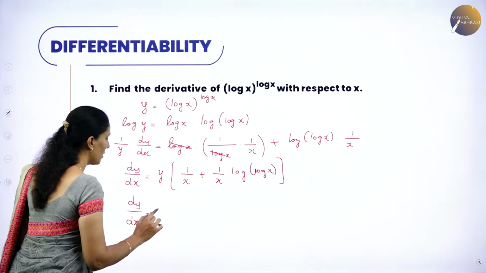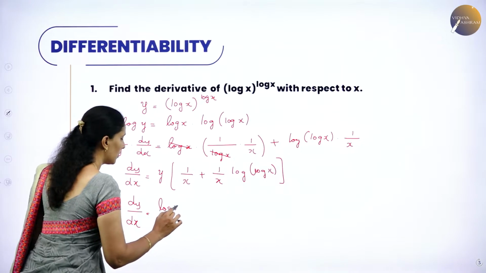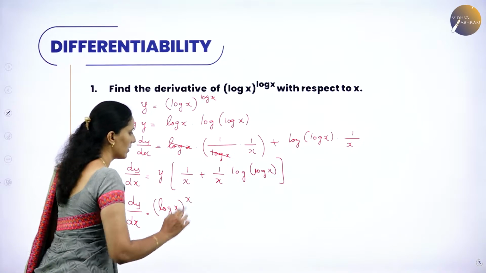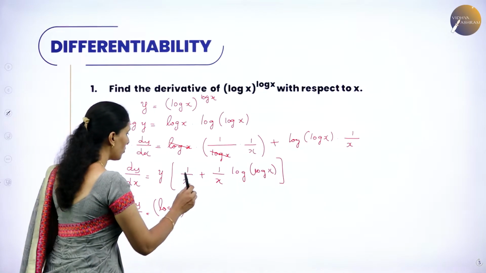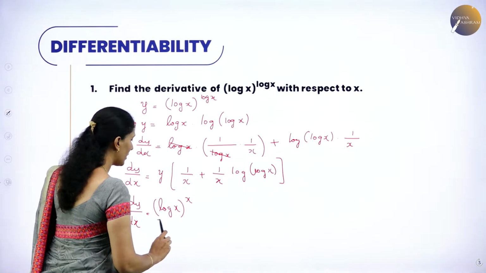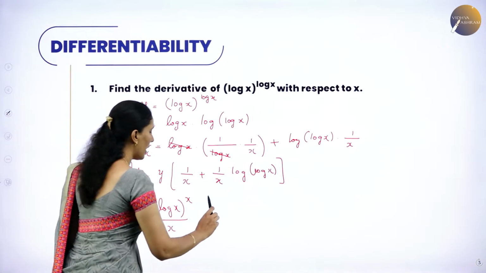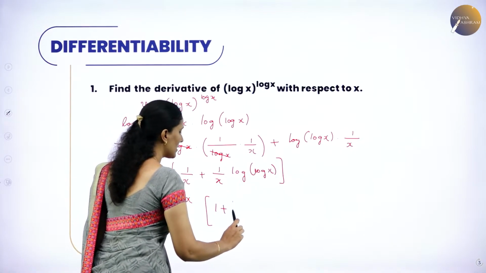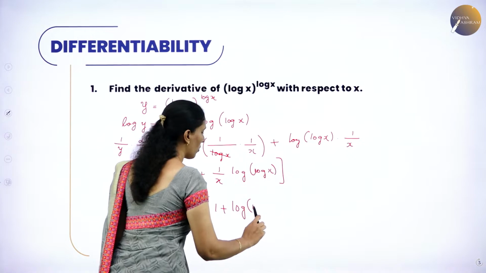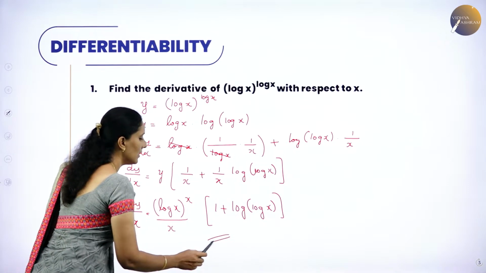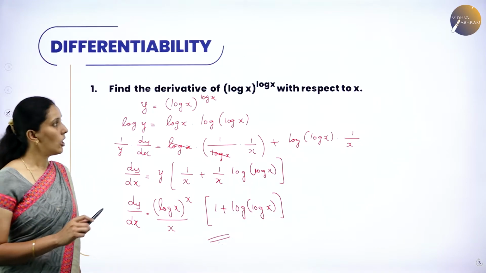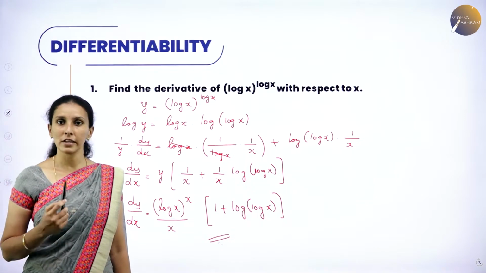What is y? Log x to the power log x. And in both the terms, you have 1 by x as a common factor. If you take 1 by x as a common factor, it comes to the denominator here, and here it becomes 1 plus log of log x. Thus, this is the derivative of the given log x to the power log x function.